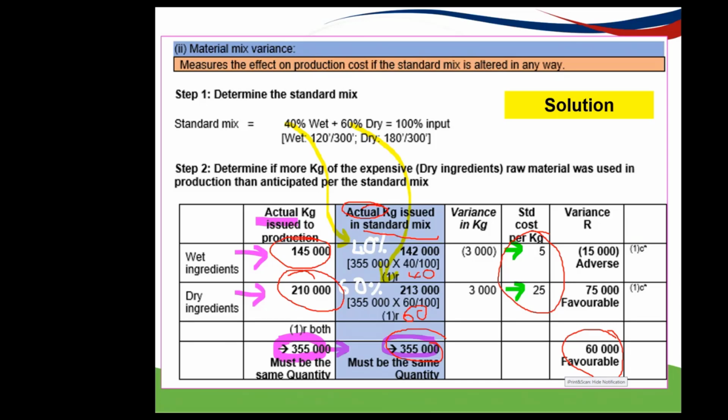She did 145 over 355, so she had almost a 41:59 ratio instead of the 40:60 ratio. So that's what she did. We want to see what is the impact of her doing her own ratio for this actual mix.